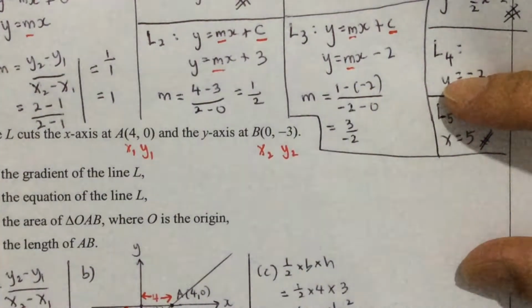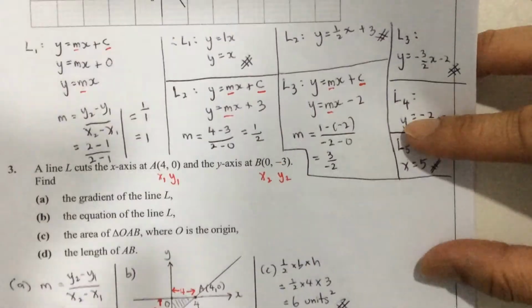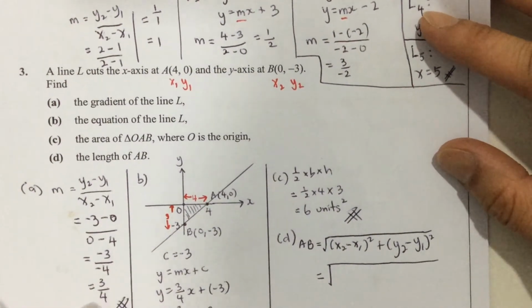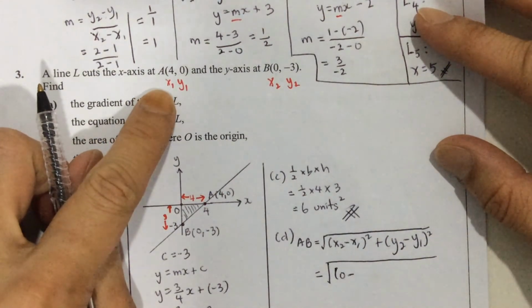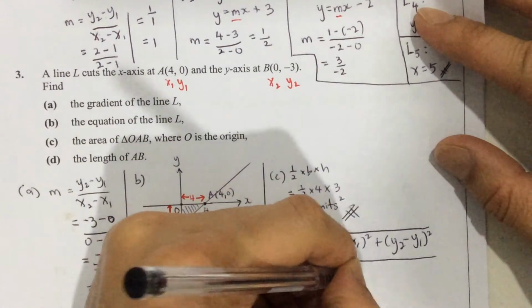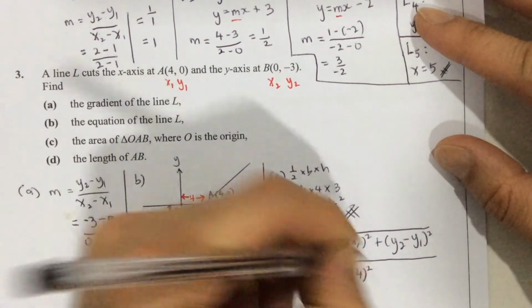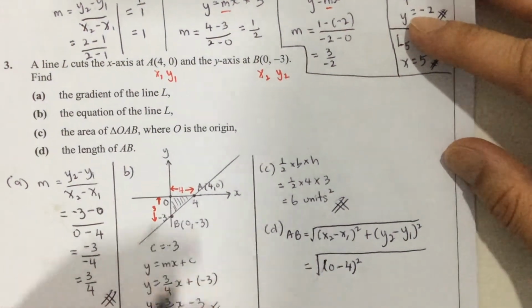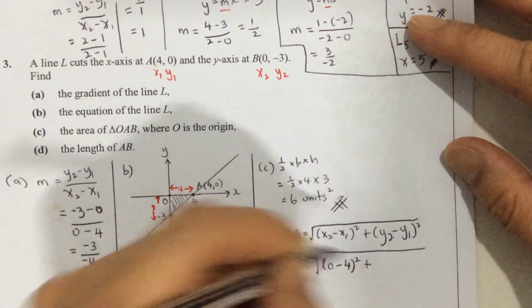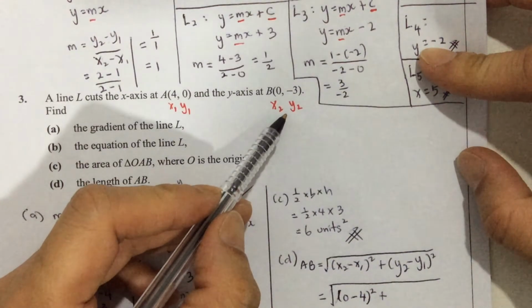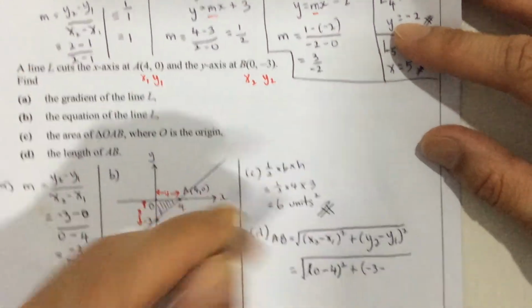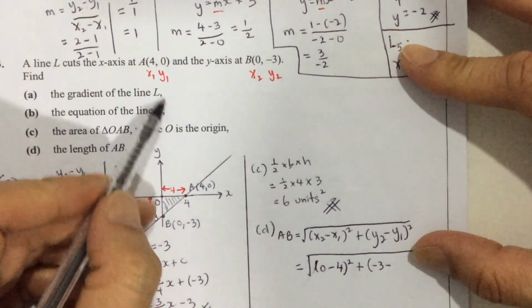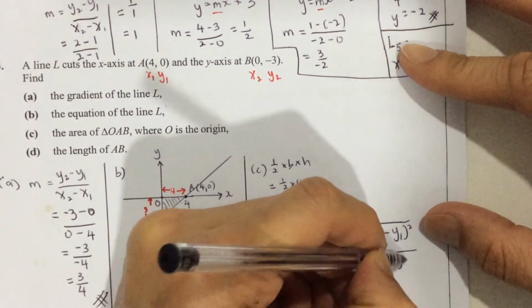So x2 will have a value of 0, so 0 minus x1, which is 4, square, and then plus y2, -3, minus y1, so y1 is 0, square.